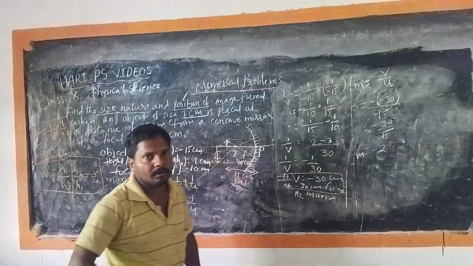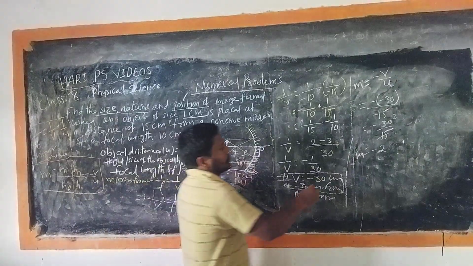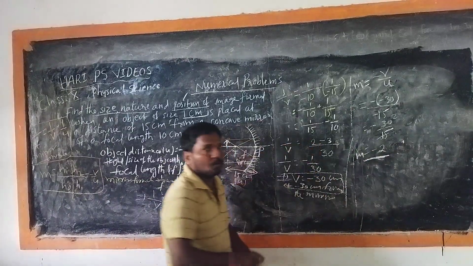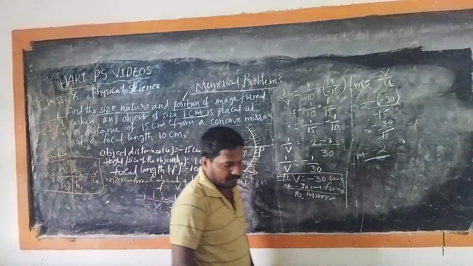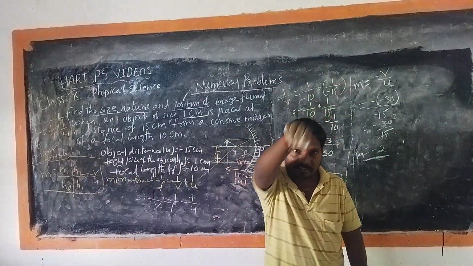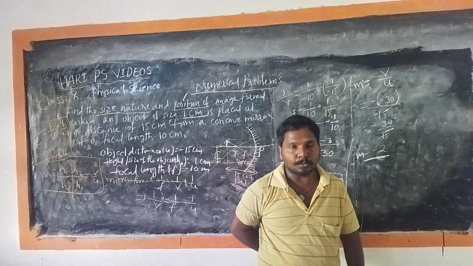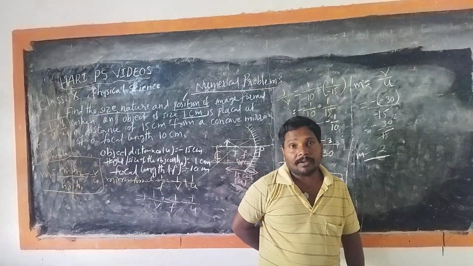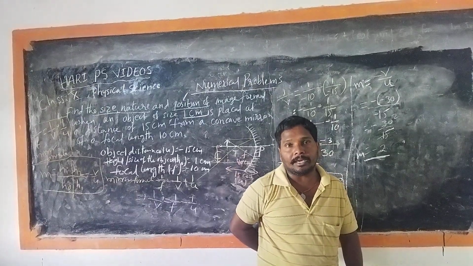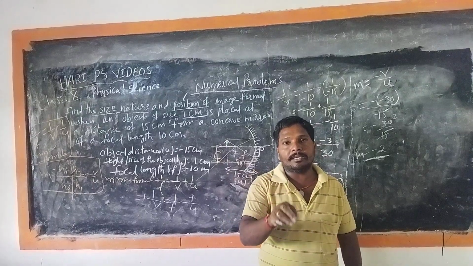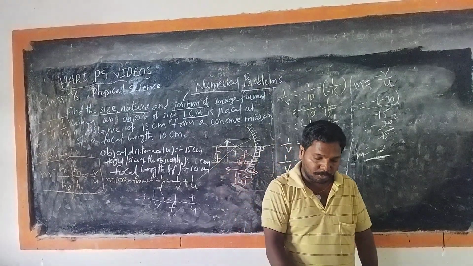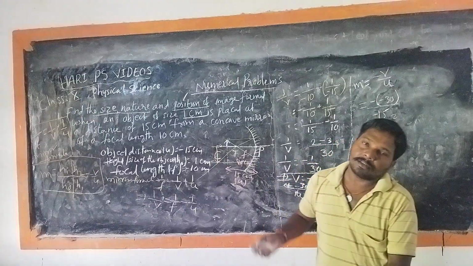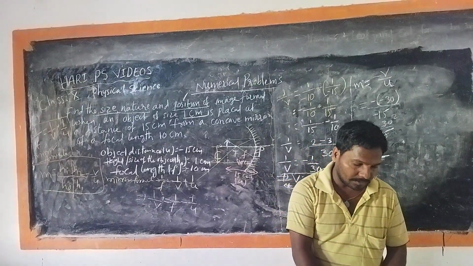So what type of image does minus 2 represent? Then what do you have to find? The size of the image. Is it an enlarged image that forms, or a real image?